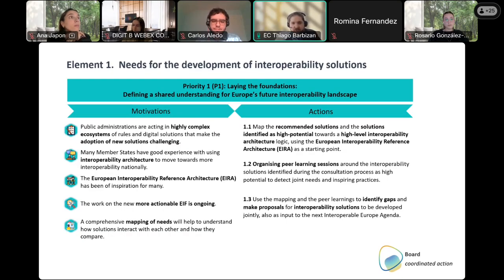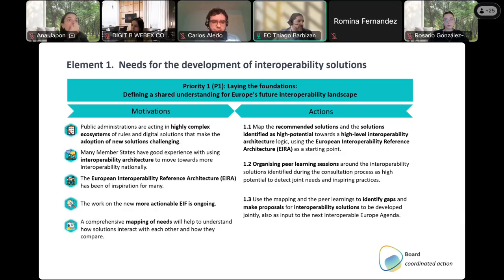The work on the more actionable EIF, the European Interoperability Framework, is ongoing this year as well. So all these led to some actions that are really concrete and that are being carried out by the members of the Permanent Working Group with the support of the European Commission.